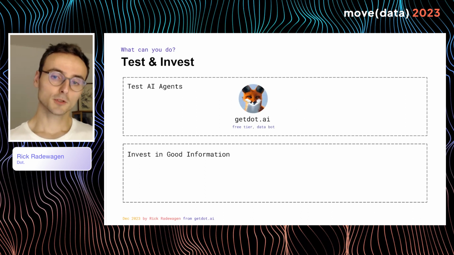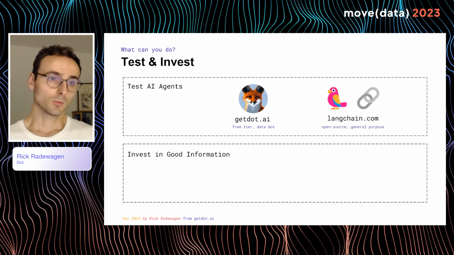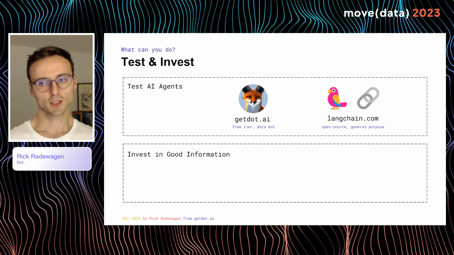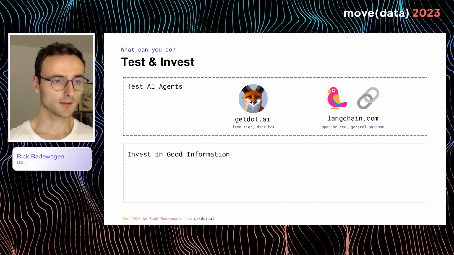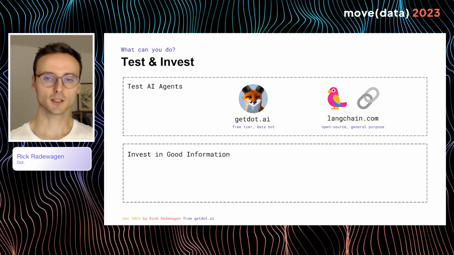I would be happy if you check out what we are building with Dot, which is specialized for data teams. But if you're more into open source and you want a general purpose approach, there's LangChain, if you have not heard of it, where you basically have a complete layer on top of large language models that you can play around with.